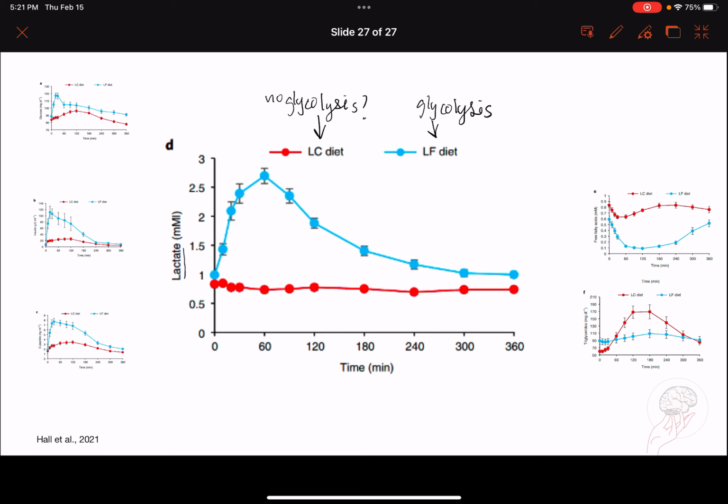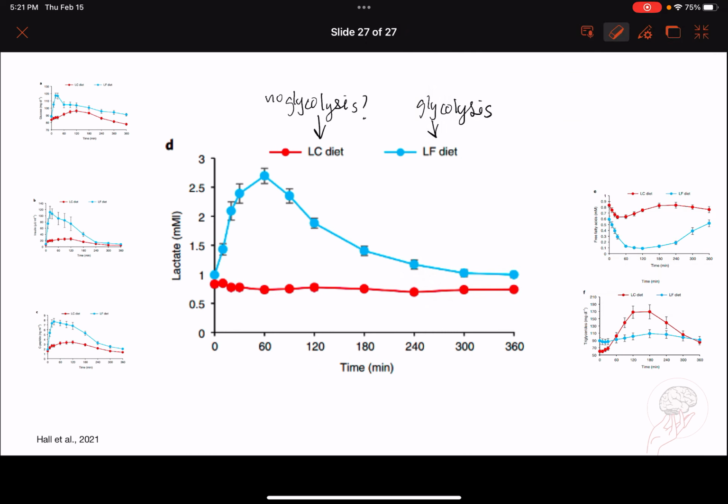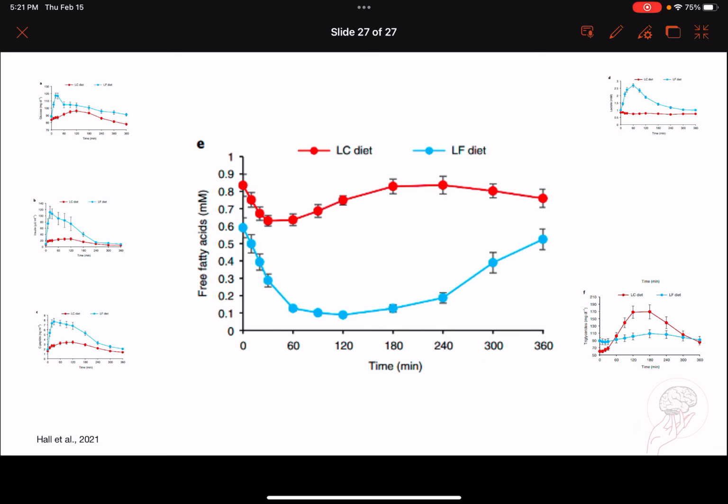And that's odd. And if we look at free fatty acids, the free fatty acids decrease, but they only decrease a little bit in the low carbohydrate.